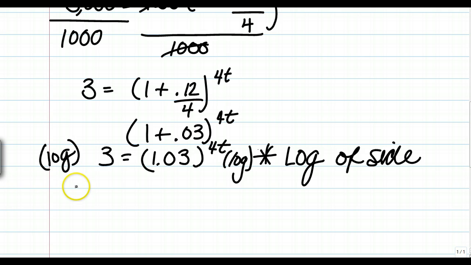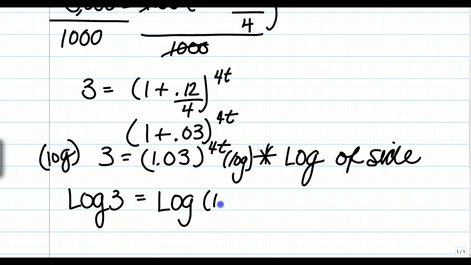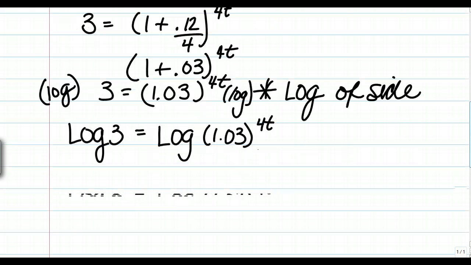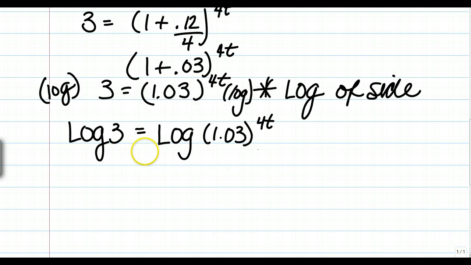So I'm going to have log of 3 equals log of 1.03 to the 4t. And I know with my laws of exponents that I have to move the 4t in front. So I have 4t log 1.03.